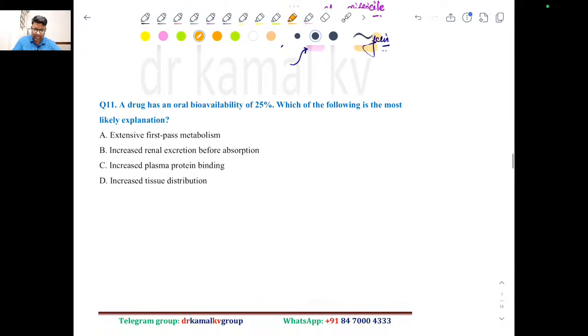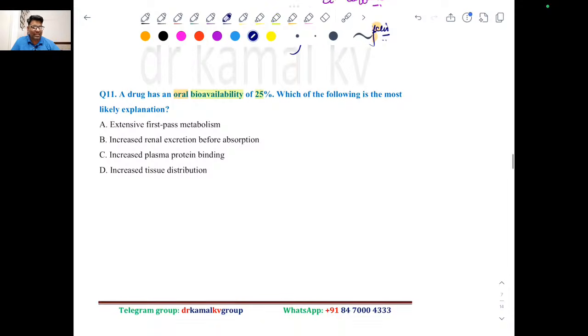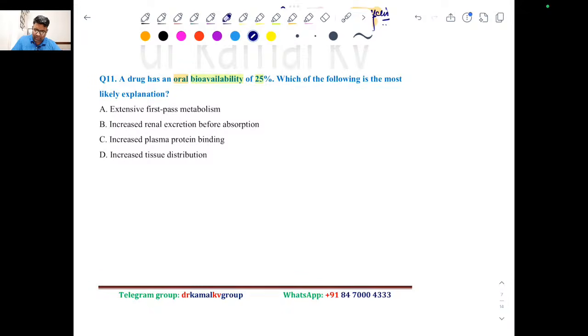Then next question, a drug has an oral bioavailability of only 25%. Now, which of the following is the most likely explanation? So a drug has been given by oral route, and the one which goes into the systemic circulation is only 25%.